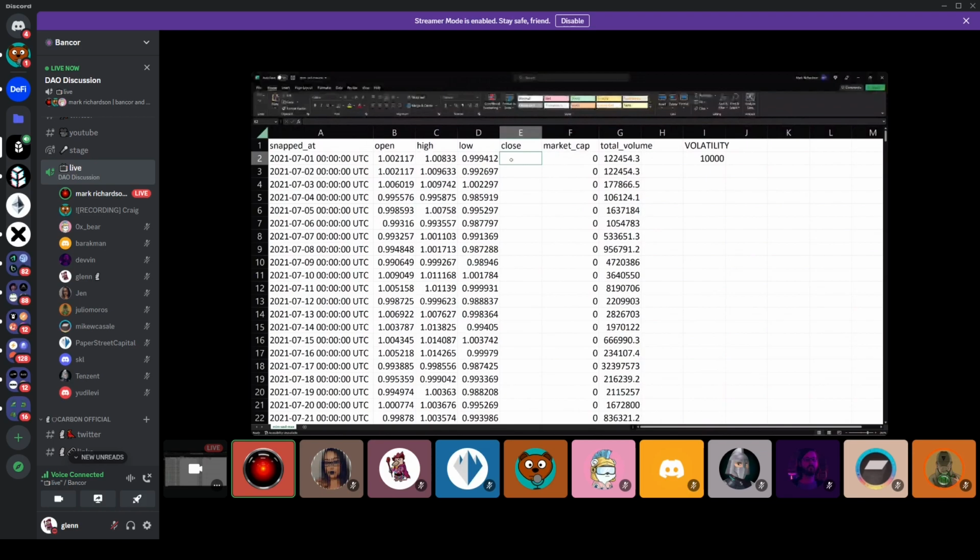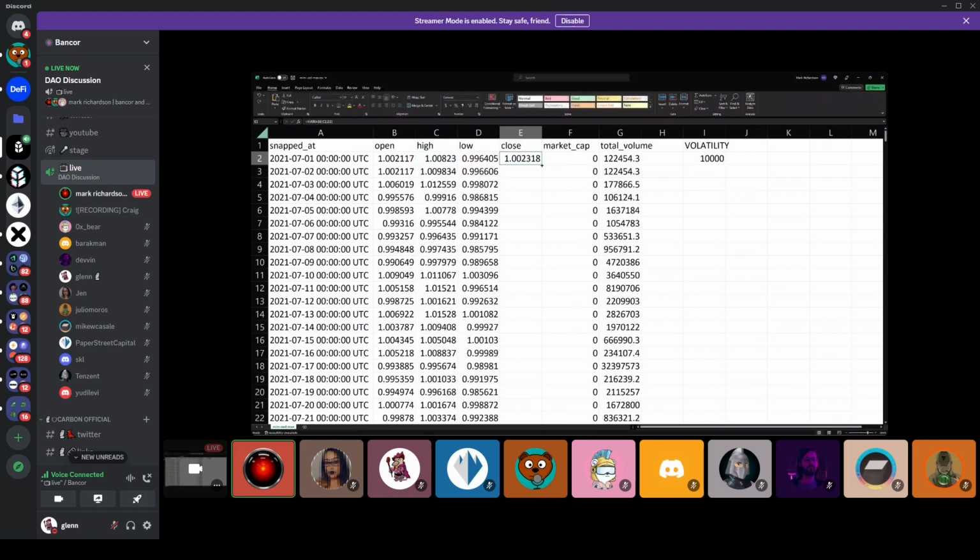So it does everything by the target marginal price, not by the trade amount, which is actually the most sensible way to do it. And then for the close, I usually just do an average of high and low.